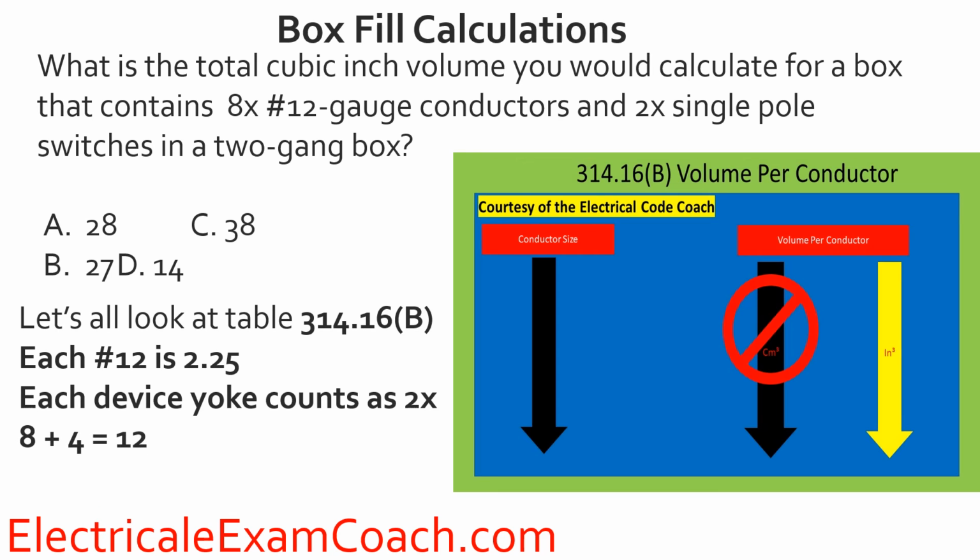We know we have 8 original conductors, and we only have 1 size wire, so we know it's going to get grouped with the 12s. And each one of those devices counts as 2, so we end up with 4 more number 12s, which gives us 12 12-gauge conductors. Now we take and do our math, we end up with 27 cubic inches, and we select B.